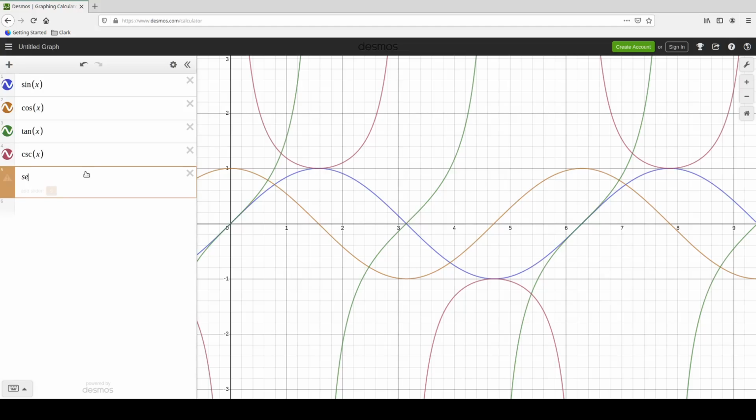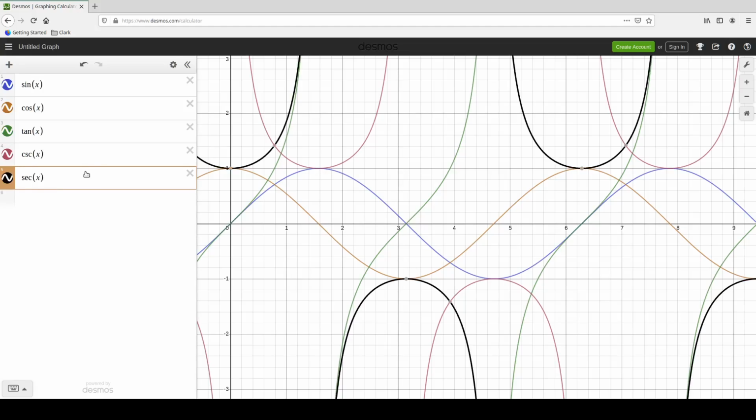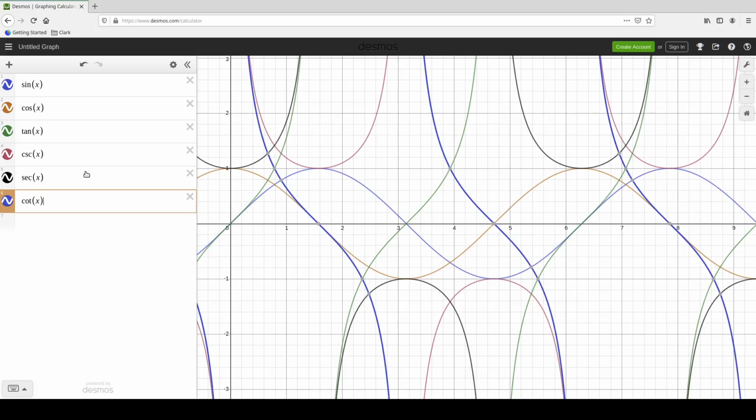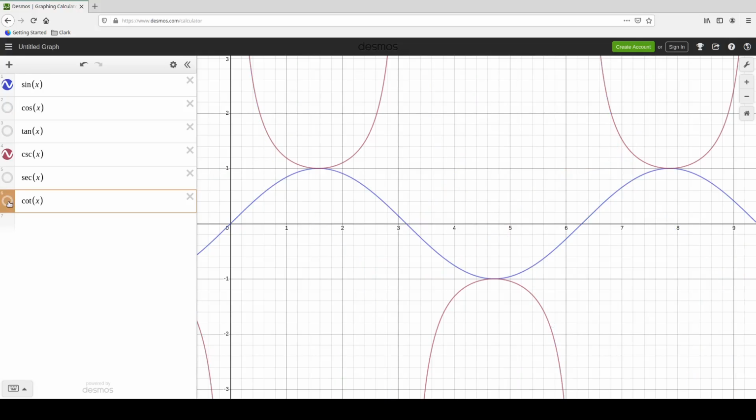So we can do secant of x. And then lastly, cotangent of x. And this plot's getting a little bit full now, so I'll take off the individual functions. We'll first look at sine of x and cosecant of x. So sine of x is here, the red curve.